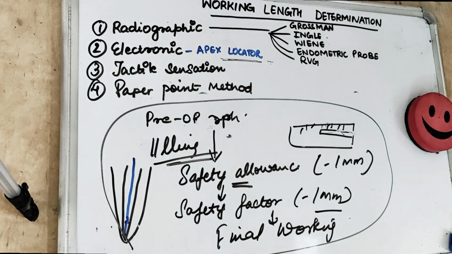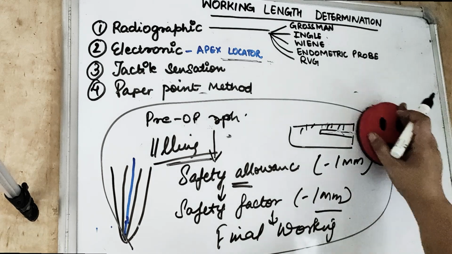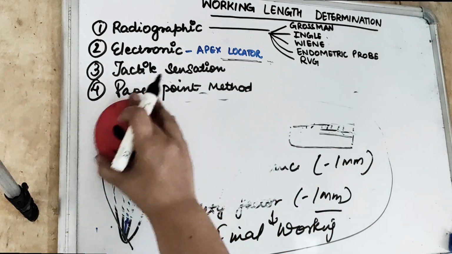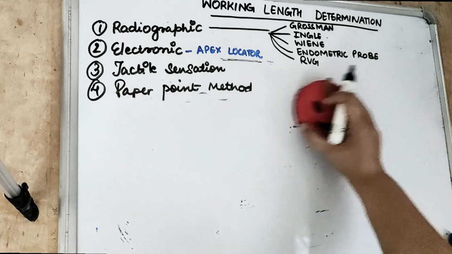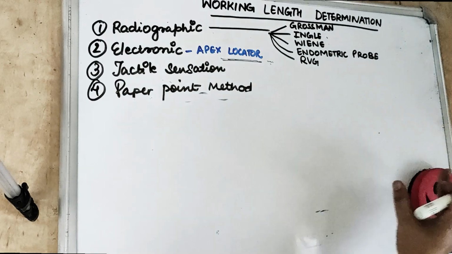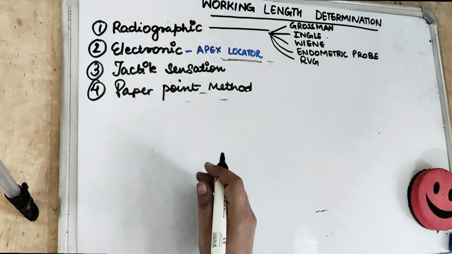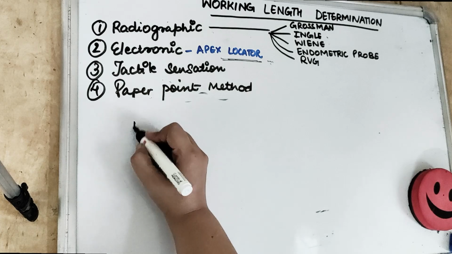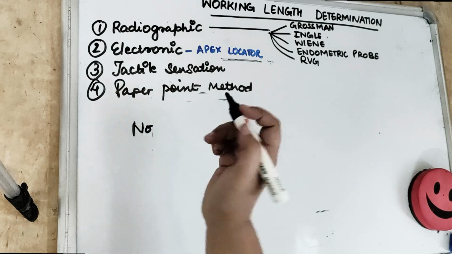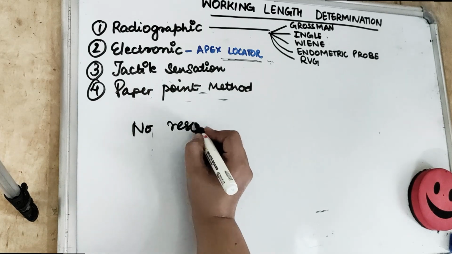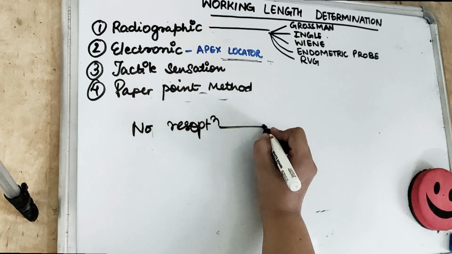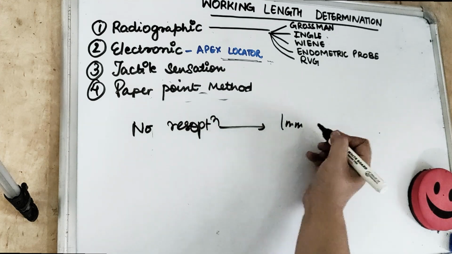And Weine told that it is based on the resorption. Suppose resorption is present, then what should we do? This is given by Weine. Weine told that if there is no resorption of the bone, no resorption of the root, in case of no resorption we only reduce 1 millimeter from the apex.